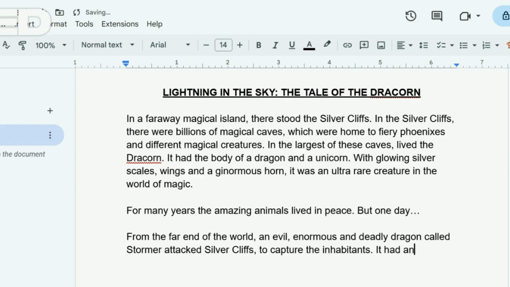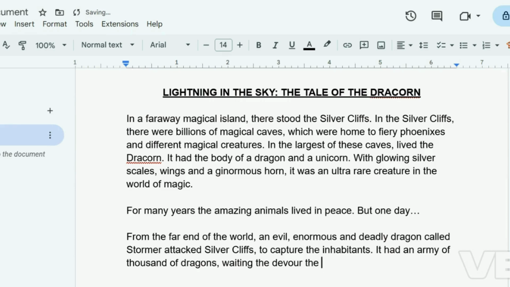It had an army of thousands of dragons. That makes Storm look very powerful and dangerous, waiting to devour the kingdom. Devour means like eat up, gobble up.